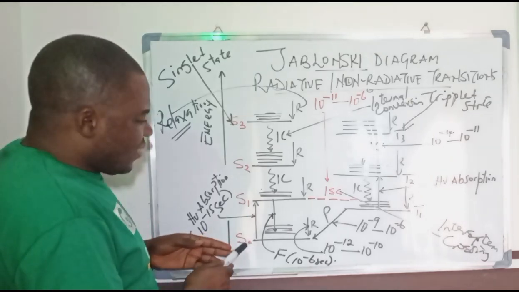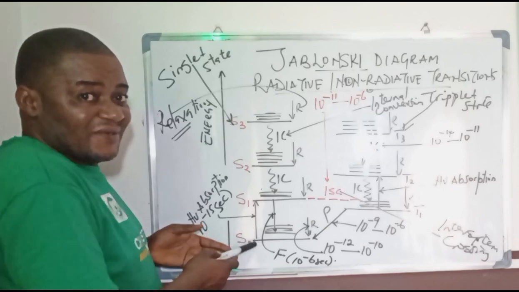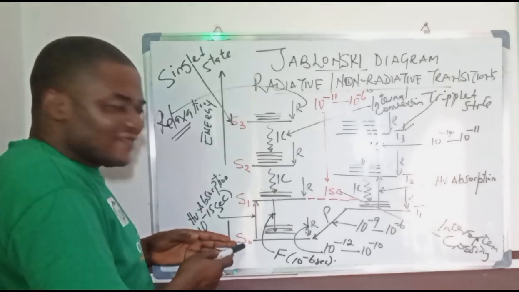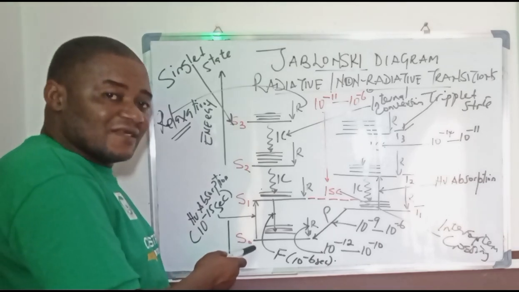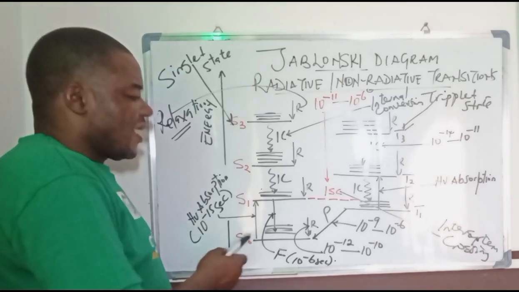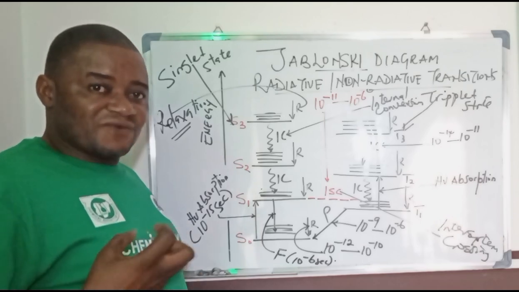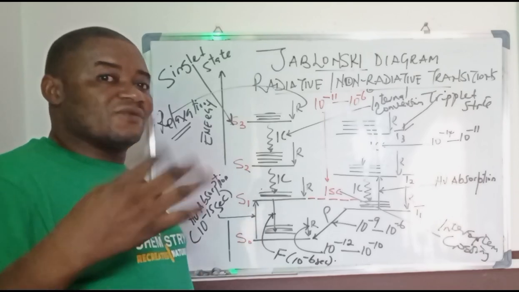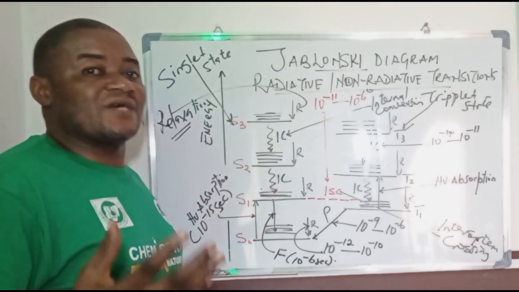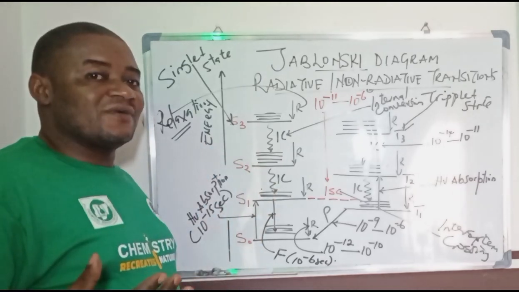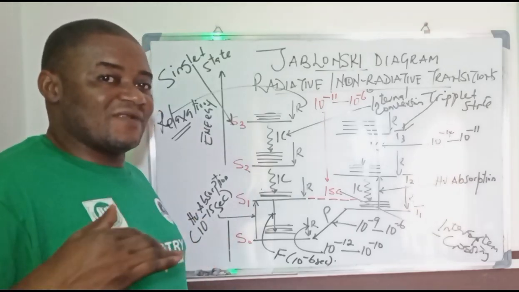Now, when you have a molecule or a photon at this energy level, which of course is the ground state energy level, the singlet state energy level, and it gains radiation, okay, from the sun, or from any source that can give us radiation around 2,000 to 8,000 Angstrom, or 170 to 320 nanometer at the UV visible region level.